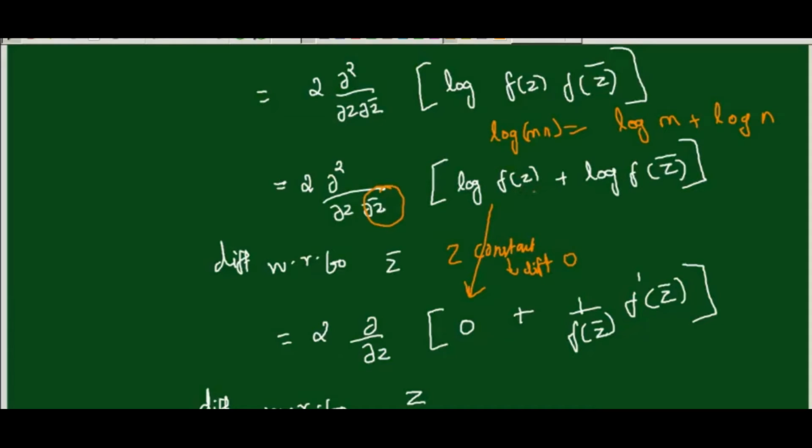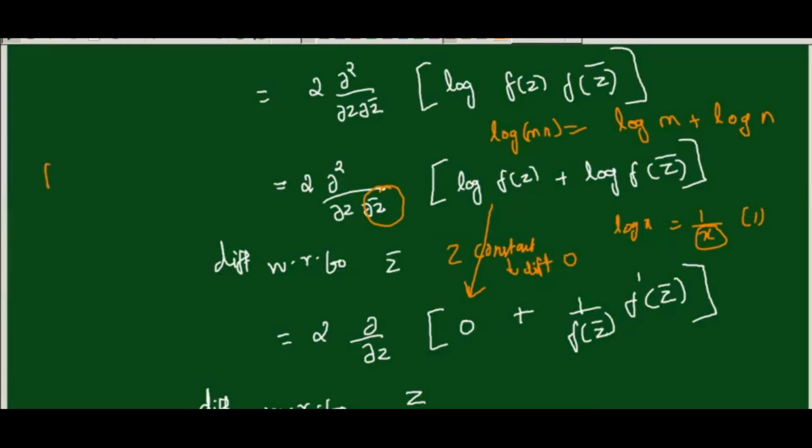f of z is nothing but constant. f of z differentiation is 0. So f dash of z bar. We know what is log x differentiation, which is equal to 1 by x. But here we have log f of z bar differentiation, 1 by f of z bar into f dash of z bar.